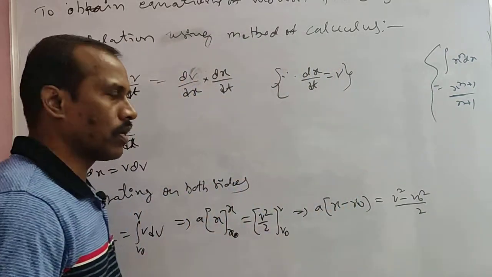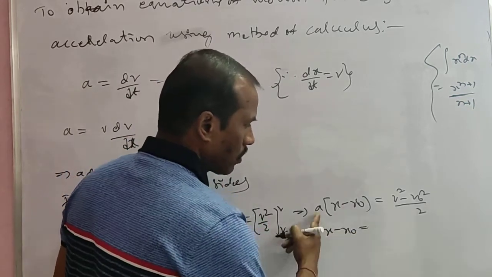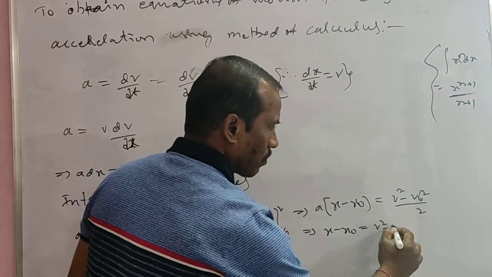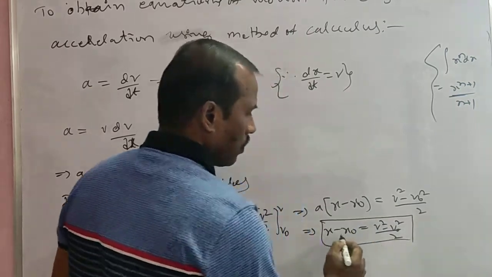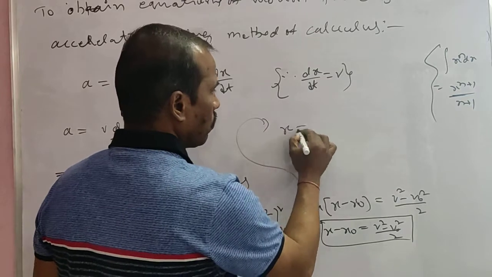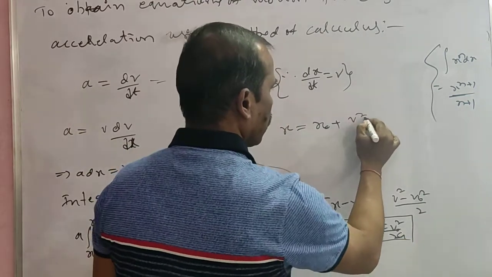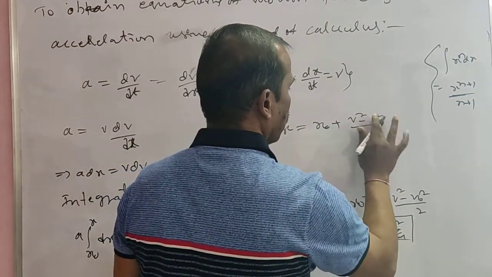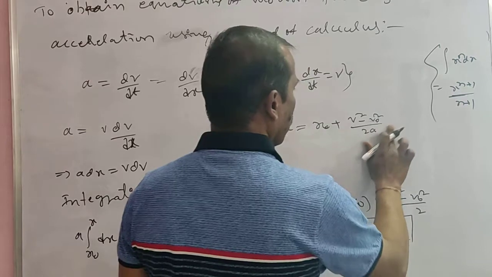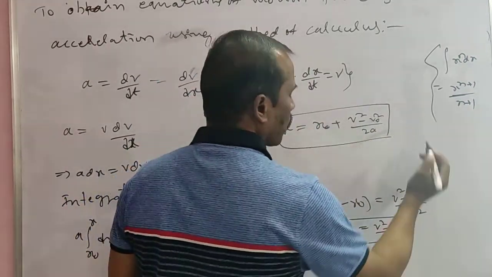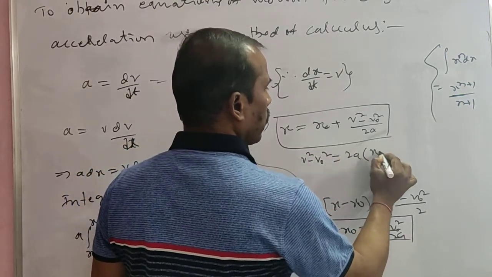Simplifying, a into x minus x naught is equal to v squared minus u squared by 2, or x is equal to x naught plus v squared minus v naught squared by 2a. Or v squared minus v naught squared is equal to 2a into x minus x naught.